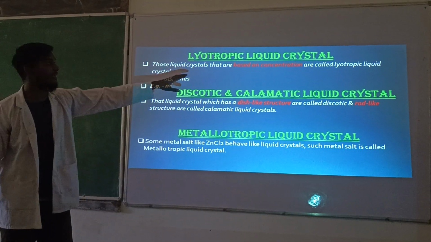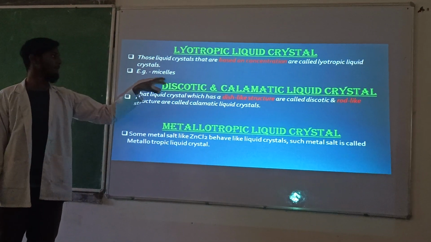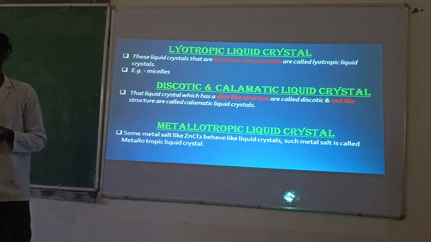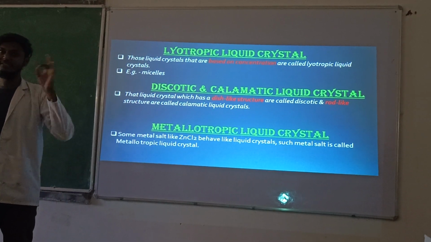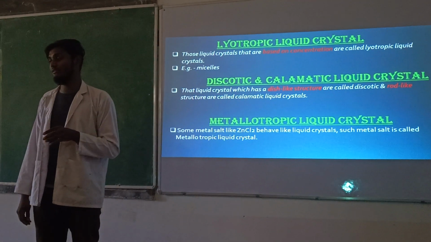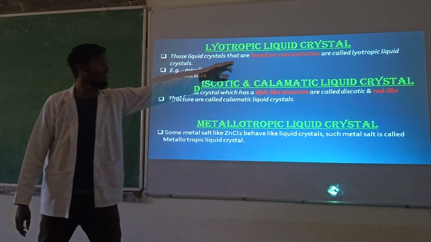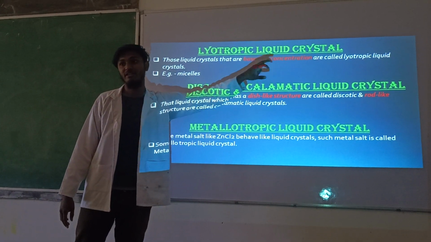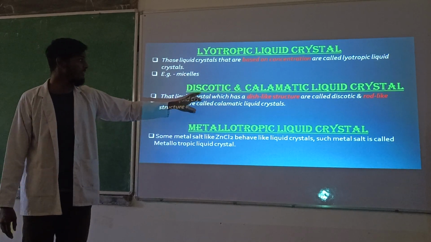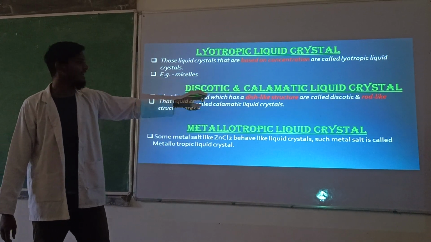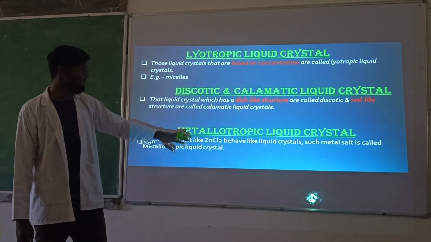Now, lyotropic liquid crystals are those based on concentration. For example, when we add a surfactant and increase its concentration until it reaches the CMC, the critical micelle concentration, micelle formation is done. So the example is the micelle, because these are based on concentration. Then there are discotic, which have a disc-like structure, and calamitic, which have a rod-like structure.